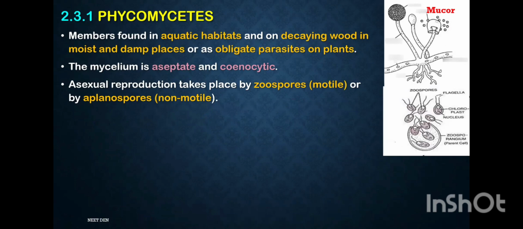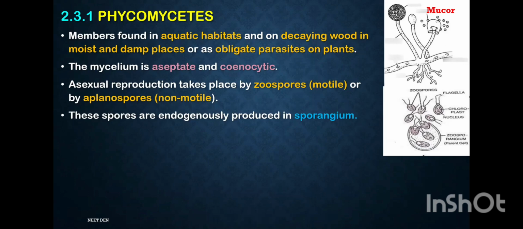We had seen zoospores produced in zoosporangia. They have hair-like structures which help them to move, or non-motile aplanospores. The spores are produced inside the sporangium. So there is a sporangium here in which the spores are produced. These are all asexual spores.